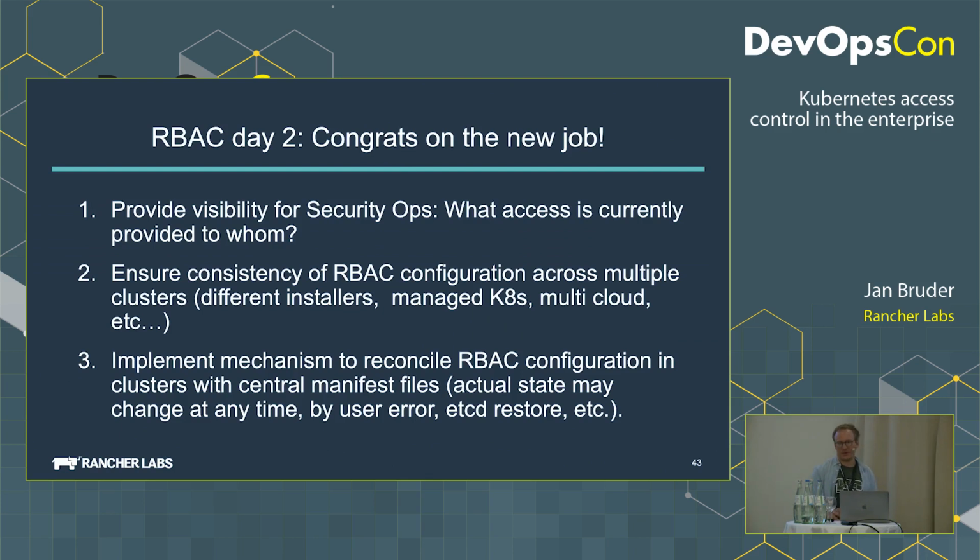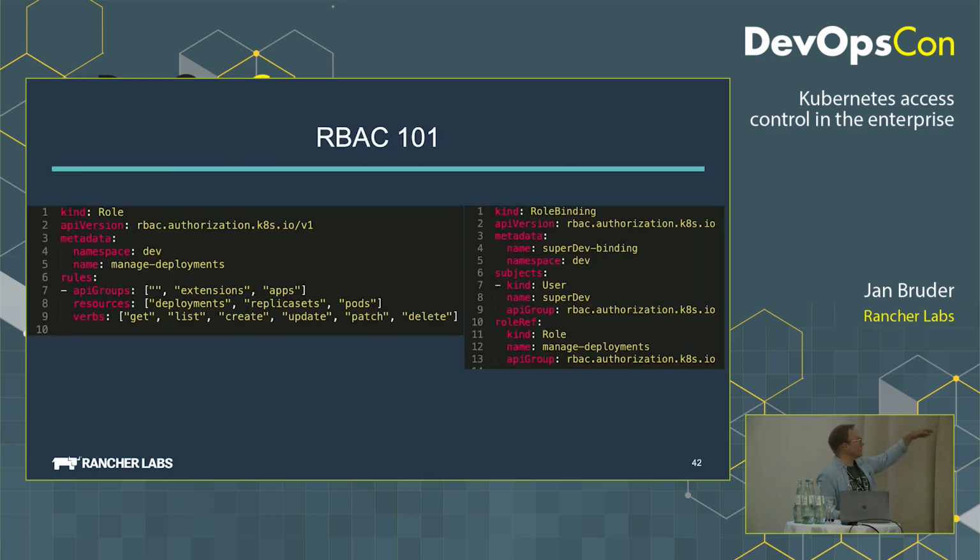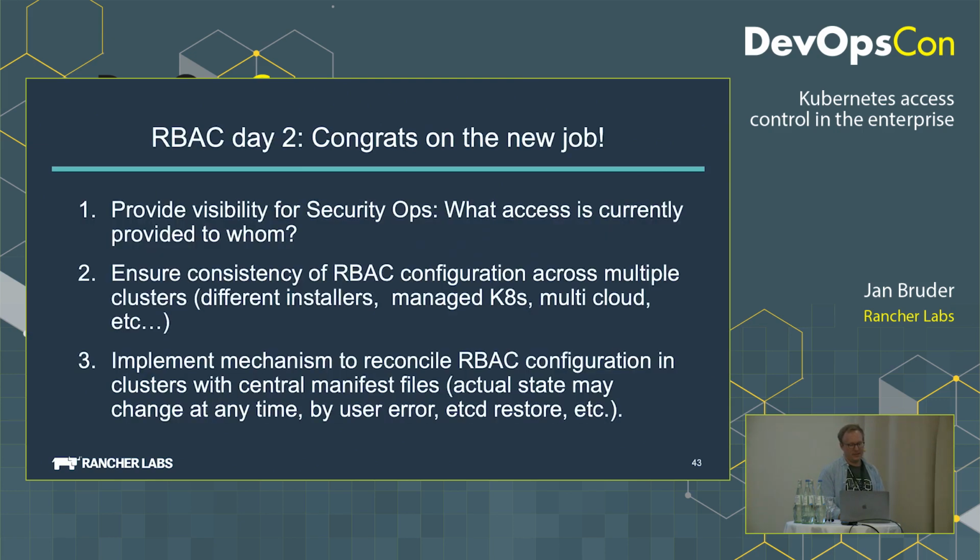There are some requirements. For example, security ops want to do an audit, and they want to easily see who currently has access to what resources. So how do you provide that? Another one is consistency. You may have a central repository, like maybe a Git repo, where you have captured all these roles and role bindings, but what guarantee do you have that your clusters are actually configured in the same way?